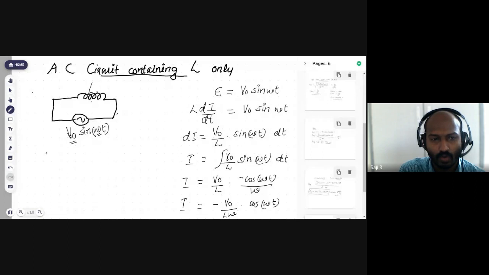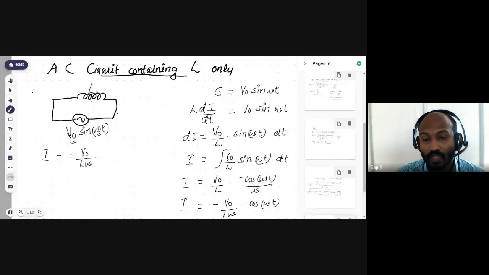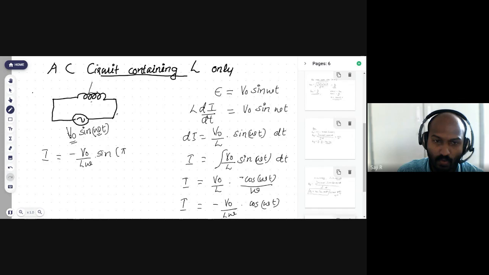So I am going to write the current I is equal to minus V0 by L omega into, we know that sine of 90 minus theta is cos theta. So this cos can be written as sine of pi by 2 minus omega t.